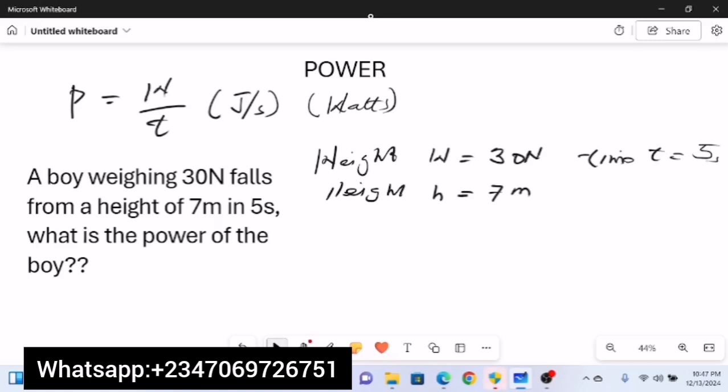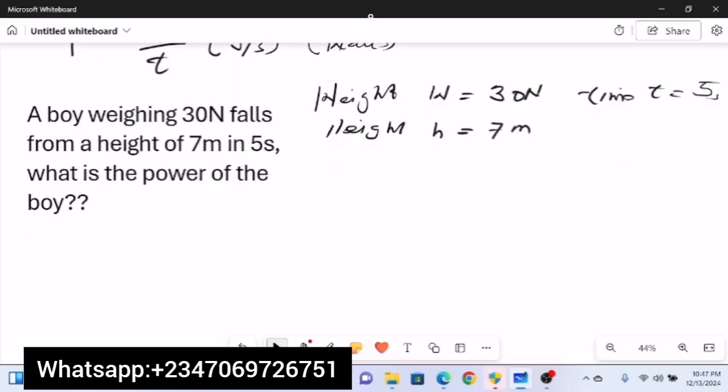Now we are asked to find the power exerted by the boy, the power available, the power utilized by the boy. Now, first you recall that power is work done all over time.